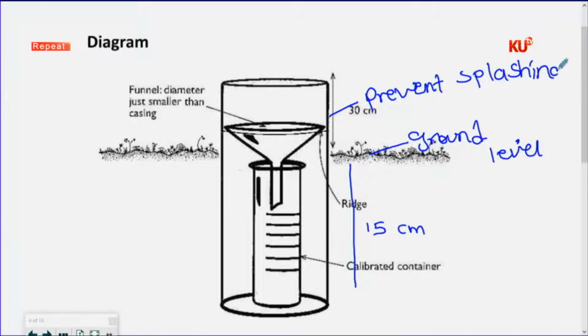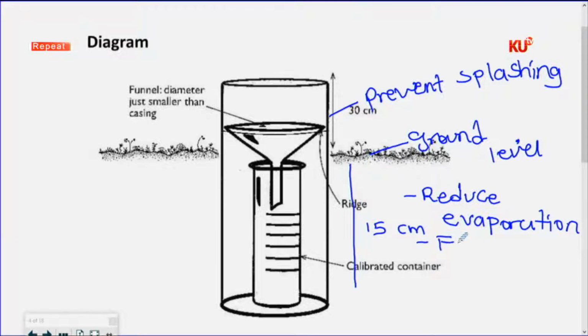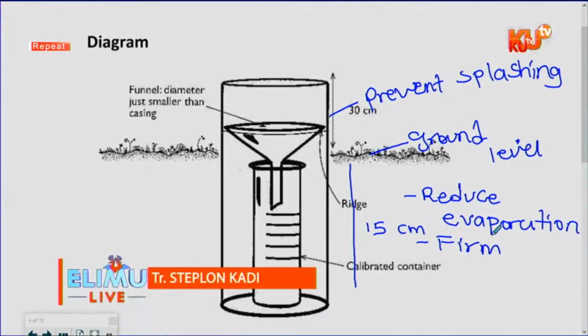It is dug into the ground for two reasons, and the main reason is to reduce the rate of evaporation. Apart from that, it is also dug to make it firm.